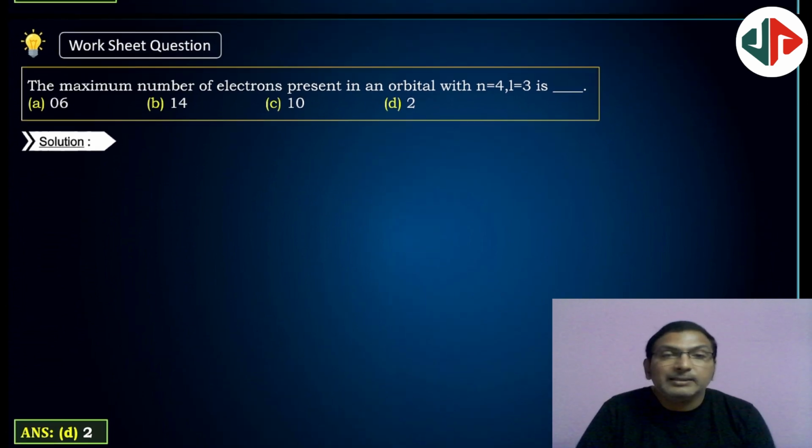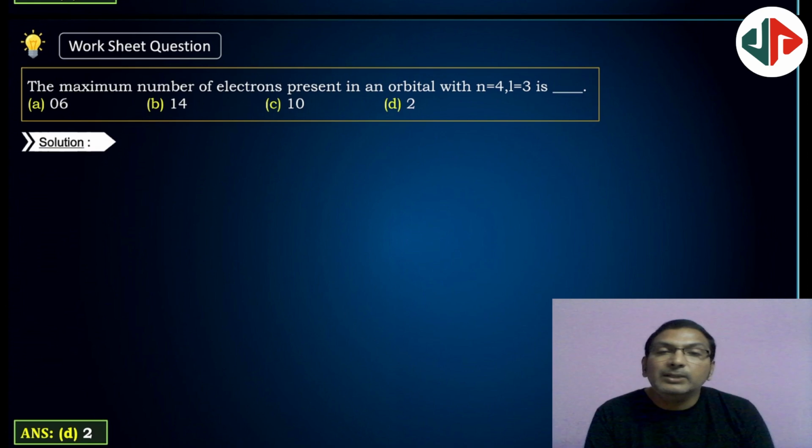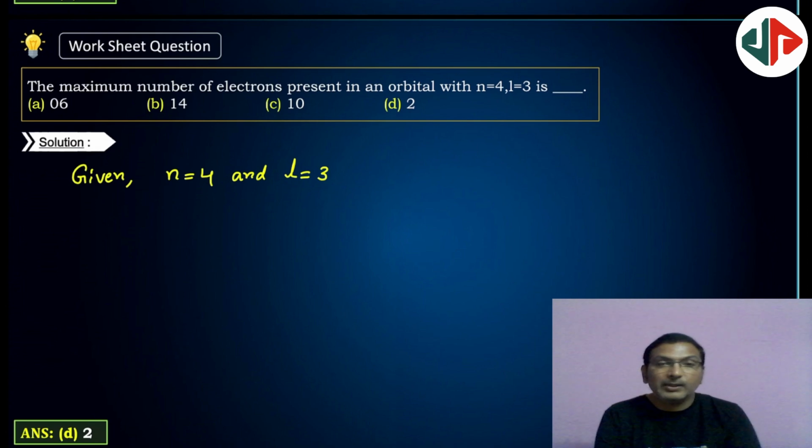Maximum number of electrons present in an orbital with n equal to 4, L equal to 3. Given principal quantum number n equal to 4 and azimuthal quantum number L equal to 3.